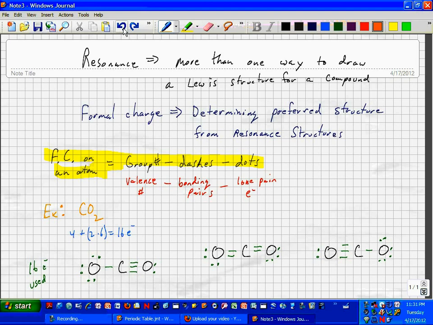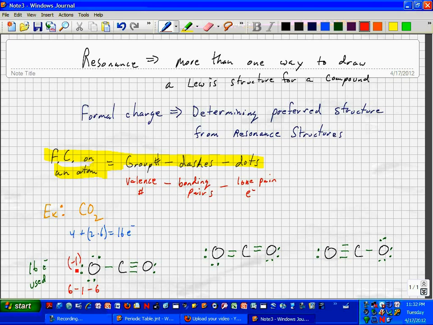All right, so I've got 3 structures, and what I need to determine is if one of these is a preferred structure. So for each one of these atoms, I'm going to calculate the formal charge. On this first oxygen, I go to the group number, which is 6, minus my number of dashes, I've only got 1 dash, minus my number of dots, which is 6: 2, 4, 6. That leaves me with a formal charge on this oxygen of -1.